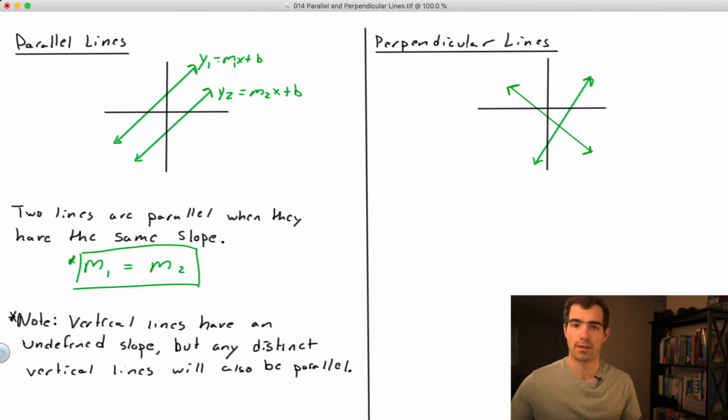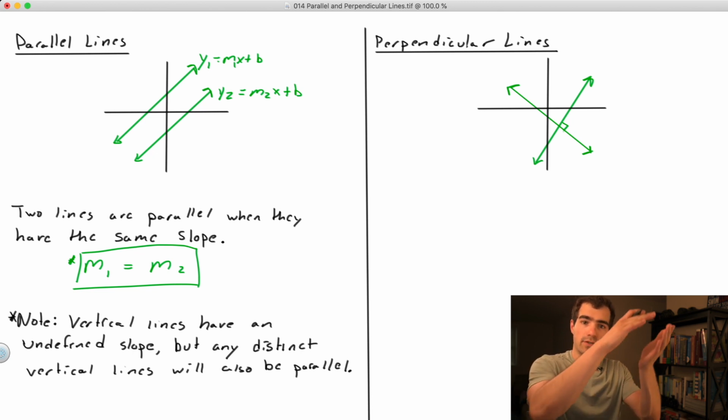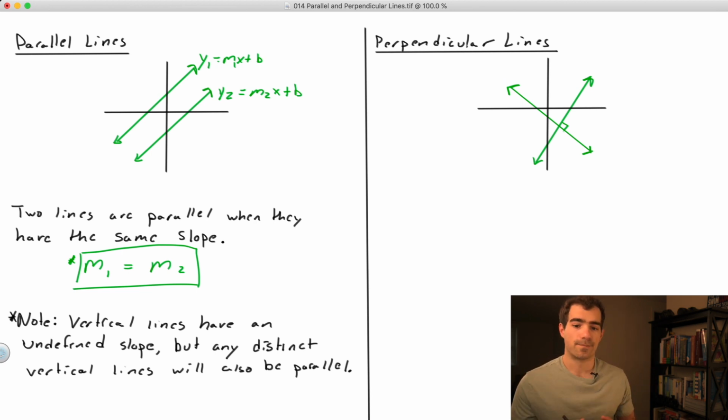Now perpendicular lines, on the other hand, they work a little bit differently. As we can still see here, we can still think of these as two lines that intersect at a 90-degree angle, but we also want to frame this again in terms of slope too. Now, maybe unlike parallel, where we had the clear visual of those same slopes, the same degree of steepness, the relationship between two perpendicular lines and how that relates to slope is definitely not as immediately clear just from the visual.